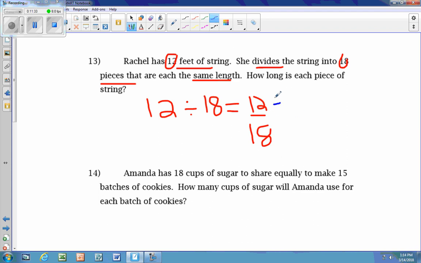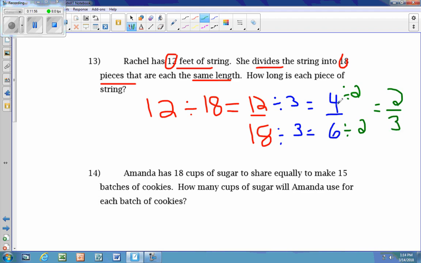And I can see that both of these can be divided by 3. And we end up with 4/6. And then I see, well, wait, I can divide again. If I divide them both by 2, I end up with 2/3. If back at the beginning I wanted to divide by 6 because I saw it, then that would get me directly to the 2/3.